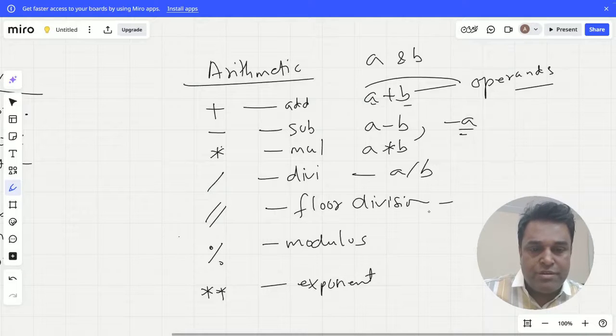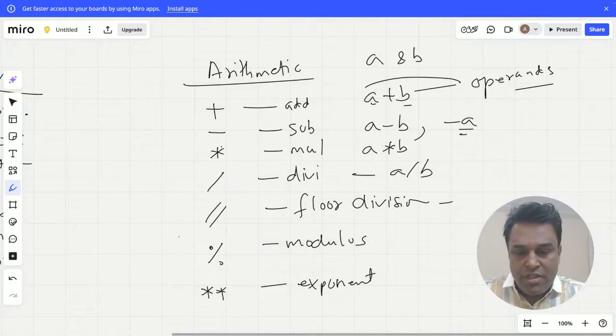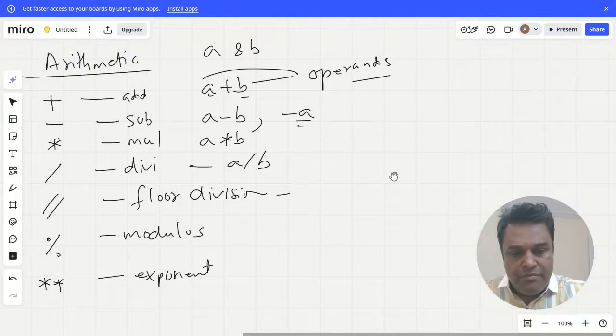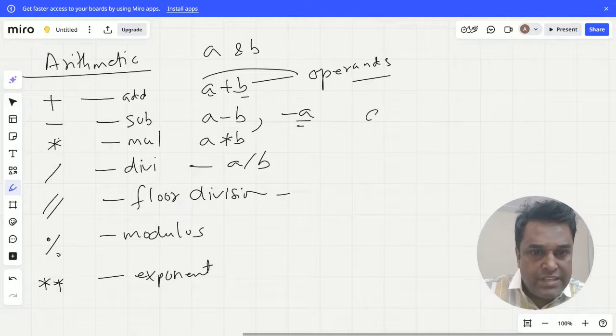And the floor division. Now, what is the difference between division and floor division? Suppose we have a variable. Let's shift it over here. We have a is equal to 5 and b is equal to 2. And maybe I will take another variable c is equal to a slash b. This is how it is used, right?